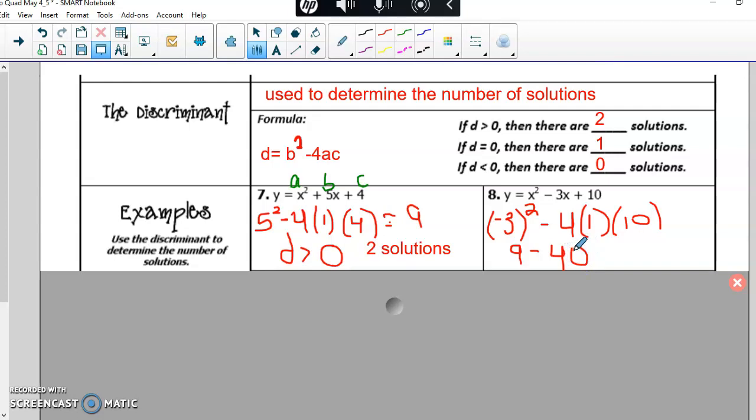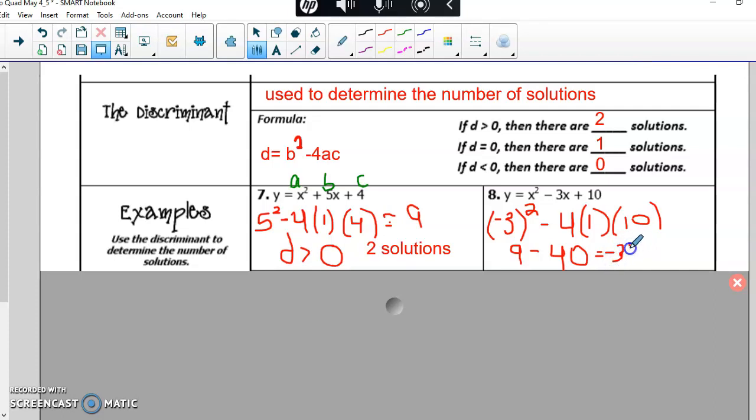Please don't be afraid to pull up a calculator on your phone or on your computer, because you don't want to make a silly mistake that gets your answer wrong here. So we have negative 31.